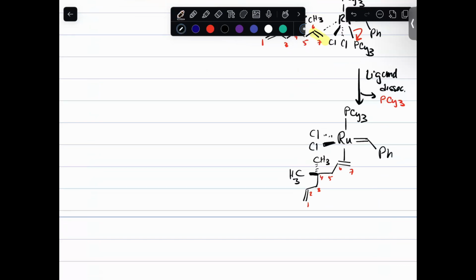The next step is a pseudo migratory insertion. And a pseudo migratory insertion looks as follows. Electrons attack the double bond at carbon 7.